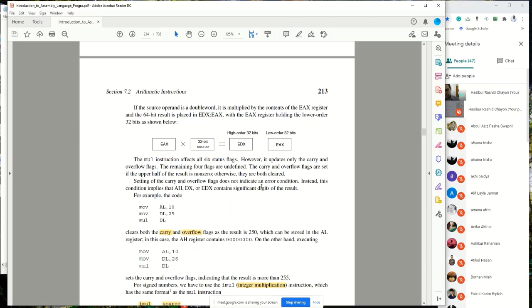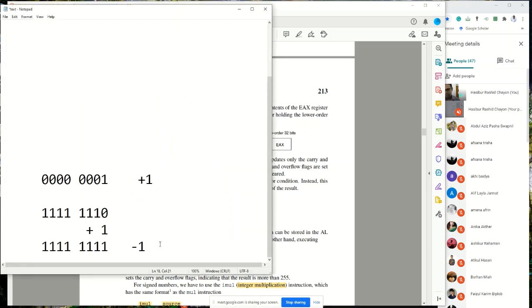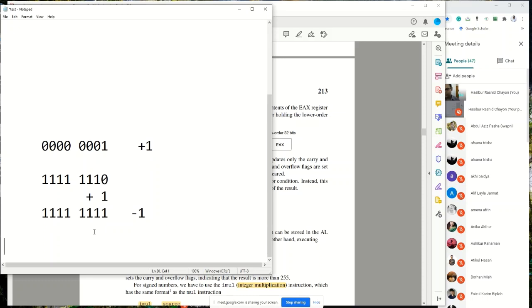You have 8 bits. What will be the maximum number you can store in an 8-bit decimal number? 255, right? 255. I hope you understand, because let's say for example this is an 8-bit position. If it is 8-bit 11111111, that is the maximum number you can store, right?